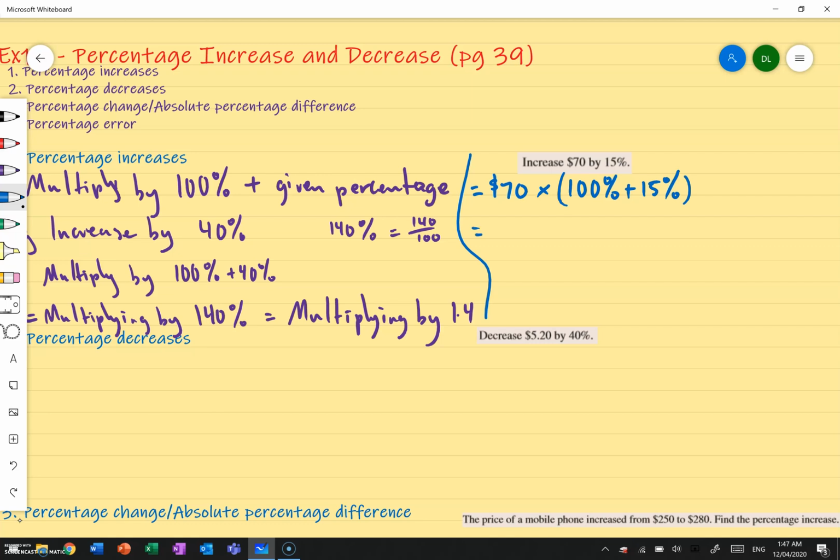So let's go through and solve this. $70 multiplied by 100 plus 15, which gives me 115%. Using my conversion, I know that that is the same as 115 over 100, which gives us $70 times 1.15, and then I can use the calculator to get this answer to be $80.50.